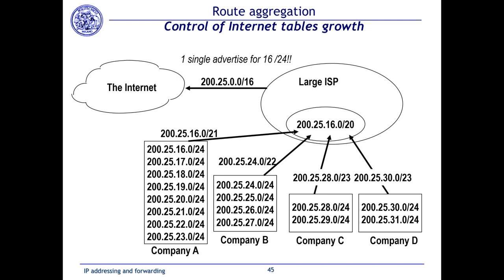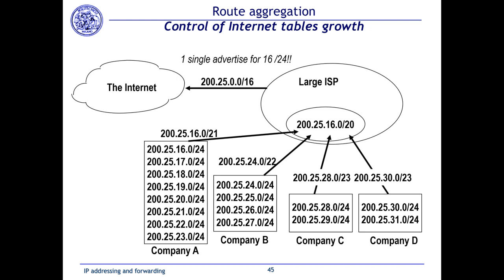The partition of the network of each single company is important when packets travel inside the network of the company, but it's not relevant outside. So each company can be represented inside the routers that are inside the internet service provider with a single network prefix item that is aggregating all the network prefixes dedicated to the companies.